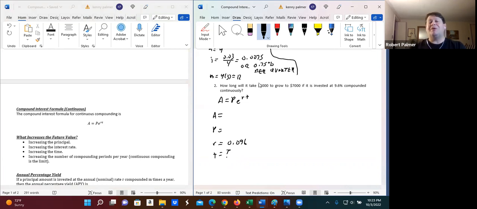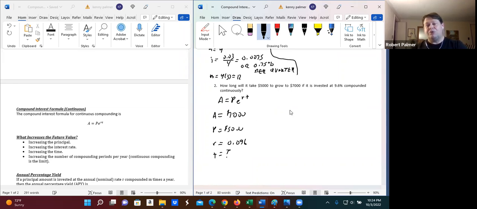Now, you have to decide which one is the principal or starting amount, and which one is the final amount. It says how long will it take $5,000 to grow to $7,000. So $7,000 is the amount after the given time. That's going to be your final amount, and we're starting with $5,000.